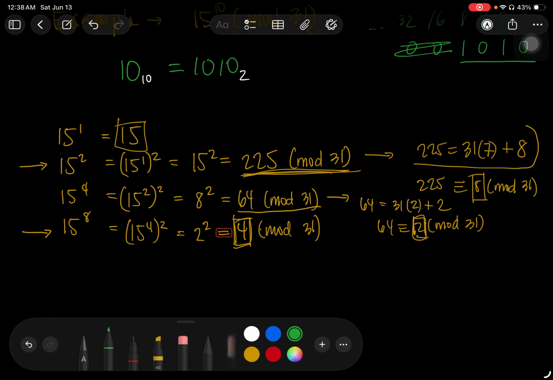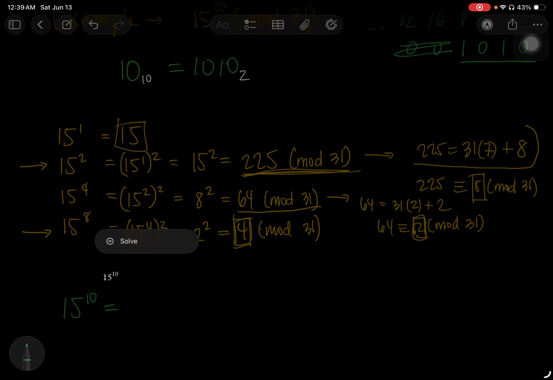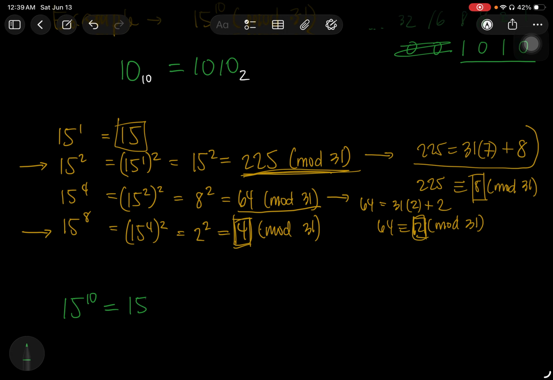And so since 15 raised to 10 is equal to 15 raised to 8 multiplied by 15 raised to 2, therefore, we can actually replace 15 raised to 8 as 4 multiplied by 15 raised to 2.